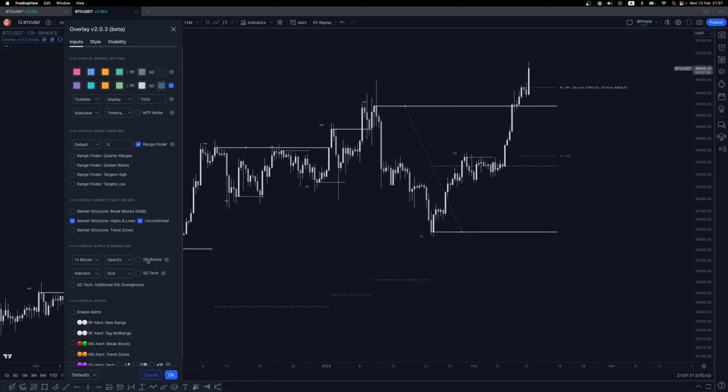In the SD blocks, if you activate the SD blocks, you can see them here. If you then choose rangefinder mode, or RF mode, it will bring back that feature. So you can have either or. You cannot have them both at the same time anymore. And we'll put this back to normal, just 1x.